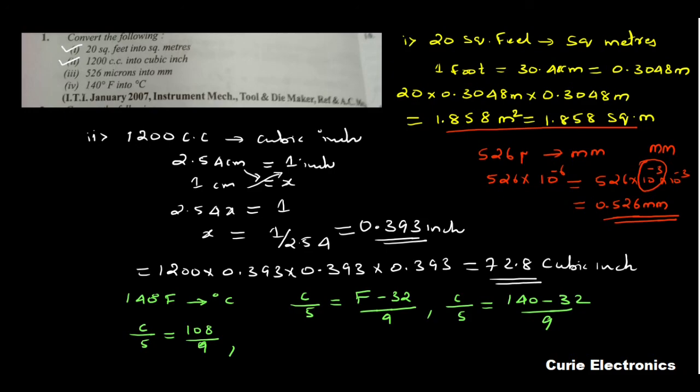So C upon 5 equals 108 divided by 9. So 12 we should get. 9 tens are 90, then plus 18, 12. So C equal to 5 twelves are 60. It is 60 degree Celsius. We got the temperature C equal to 60 degree Celsius.